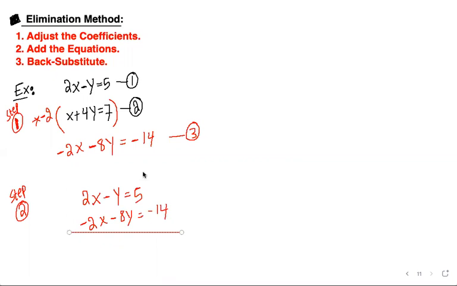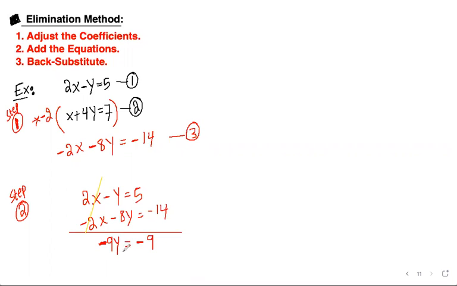When I add the two equations, 2x minus 2x, they cancel each other. Minus y minus 8y is minus 9y, equal 5 minus 14, which is minus 9.